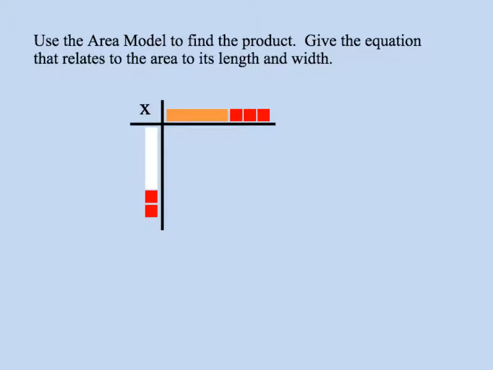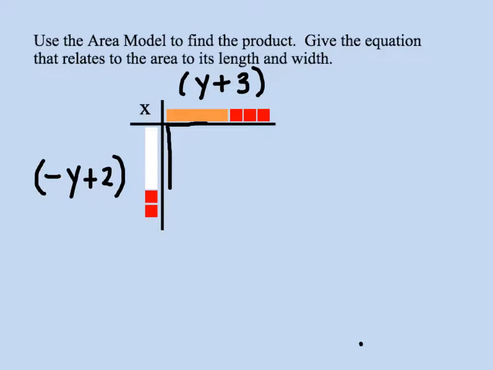So based on the length and the width of this example, you've determined your binomials to be negative y plus 2 and y plus 3. So what tiles filled this area? The tile that's y long and y wide is a y squared tile.